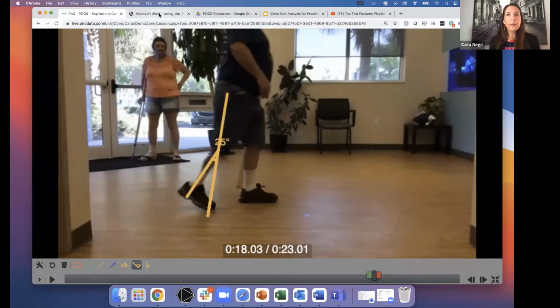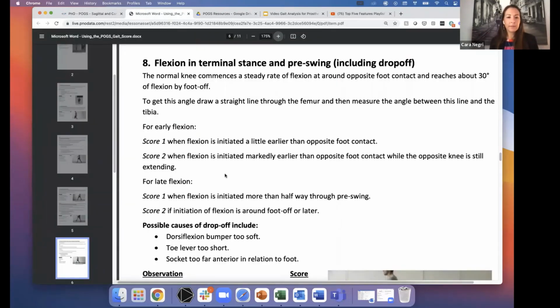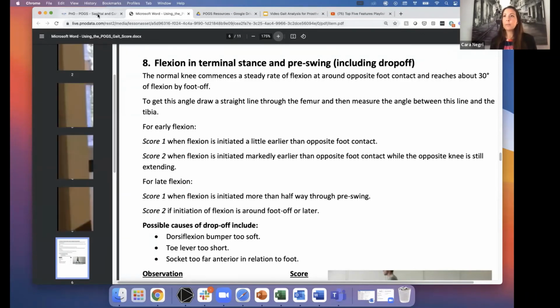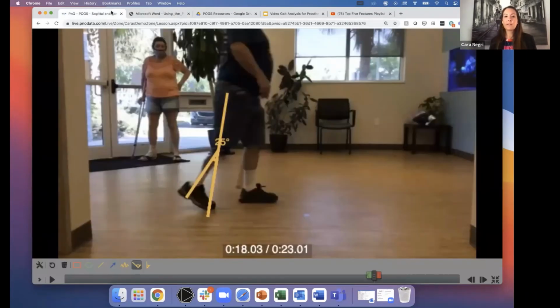So what do our notes say about 25 degrees? We're looking for about 30 degrees of flexion by foot off. So I would say that he's got maybe a little bit of initiation that's a little bit late. Anybody agree or disagree?